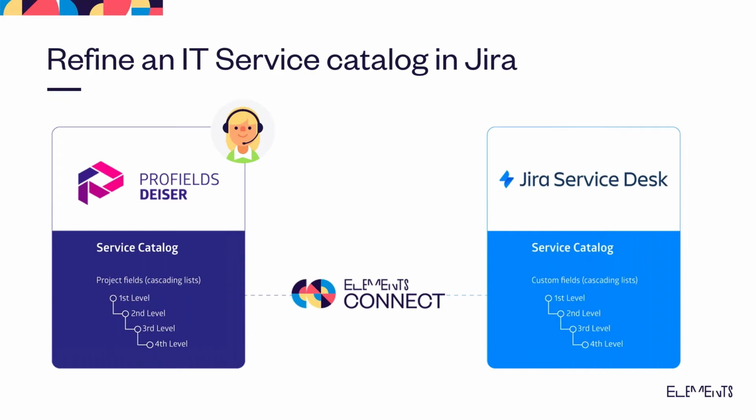He will create various cascading lists to show all these different IT services. And then App Elements Connect will get all this data by requesting the Profields REST API and present these fields exactly the same in the portal for both the agent and the developer.